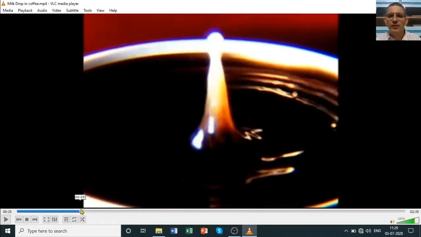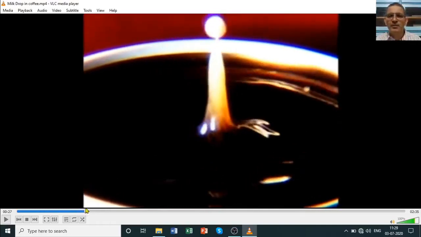Let's go forward slightly. A satellite drop has formed by the breaking of this neck. This is the distance over which this jet is formed, a significant distance when you think about the size of the drop. The drop may be less than 1 millimeter, and this is several millimeters. So a drop is ejected at a distance of several millimeters.